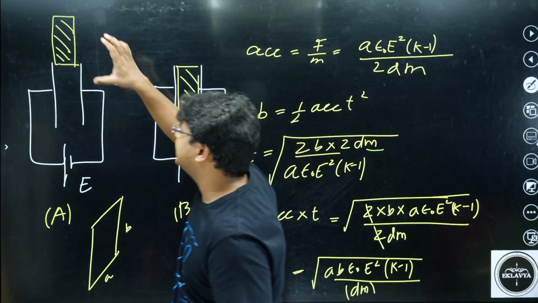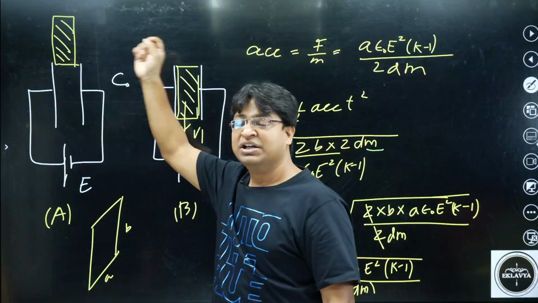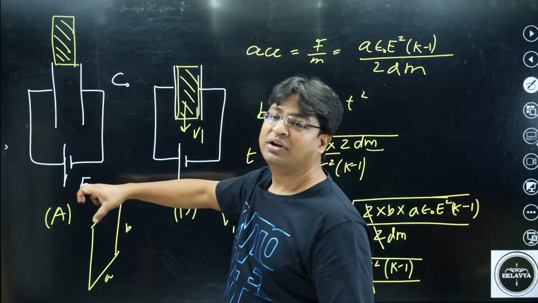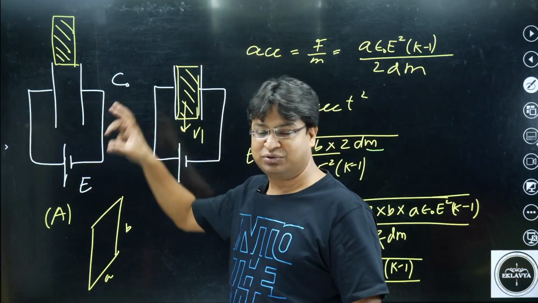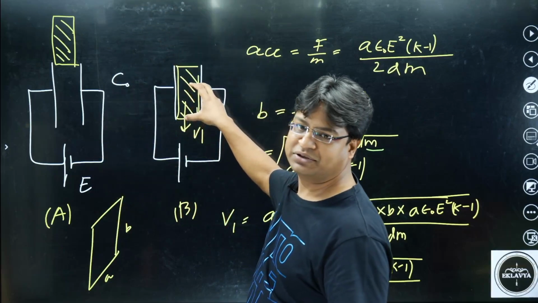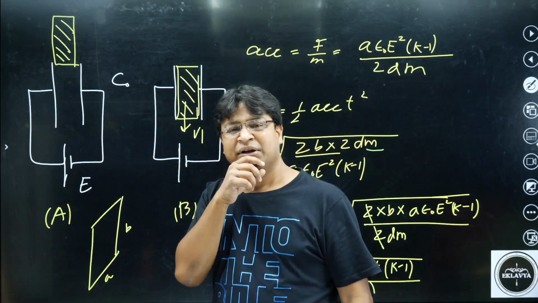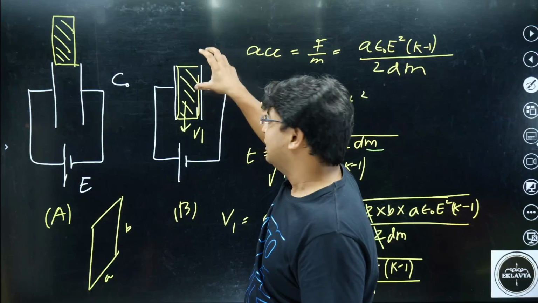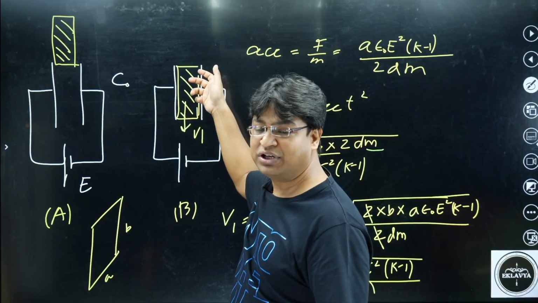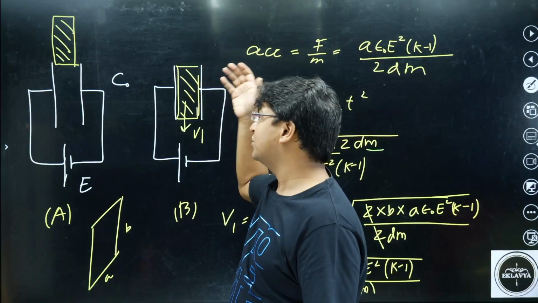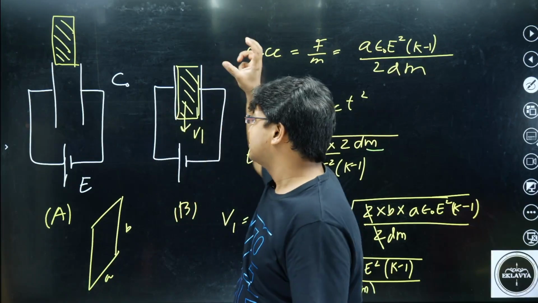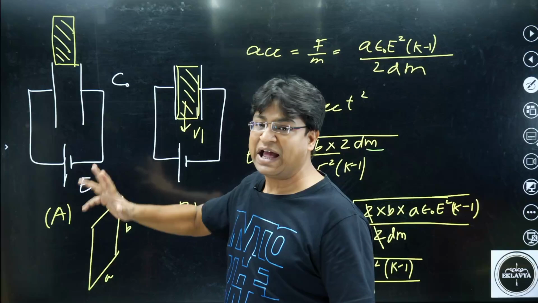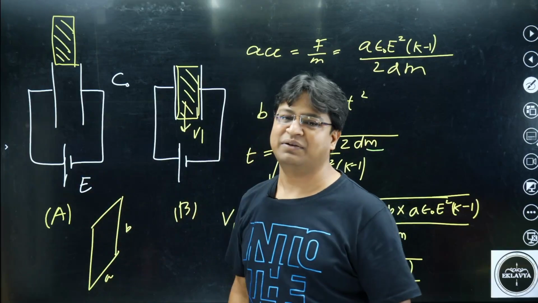The moment you release it, it's a massless entity, so even if it experiences any amount of force, it will just blast in, come here and stop, because it has no inertia. The moment it tries to get out, some force will try to stop it, and because it is massless, it can have infinite acceleration, so it just stops here. It went into the capacitor plate in a flash, and therefore heat will be generated.